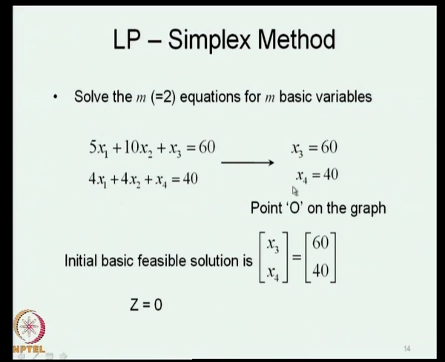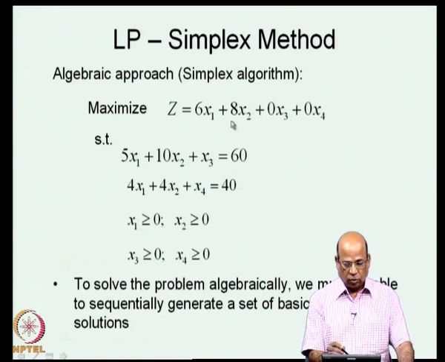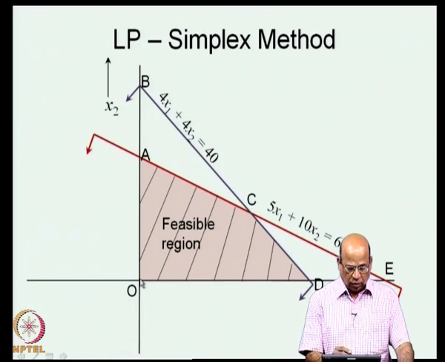This corresponds to point O on the graph, and because we had x1 equal to 0 and x2 equal to 0, your z value will be 0. Z has x1 as 0, x2 as 0, x3 as 60, x4 as 40, but their coefficients are 0. Therefore, z value is 0. We are starting with the origin O here, which is the initial basic feasible solution.